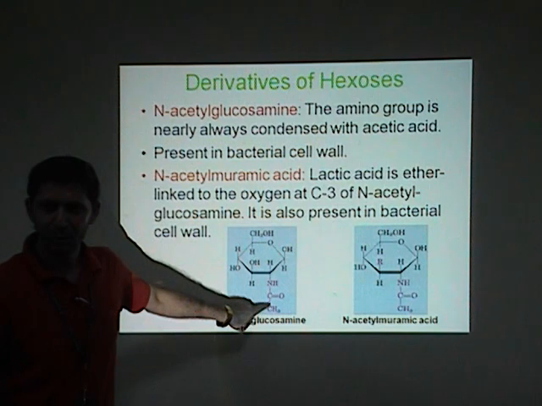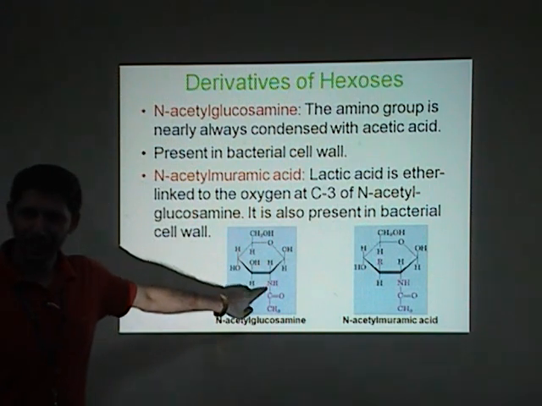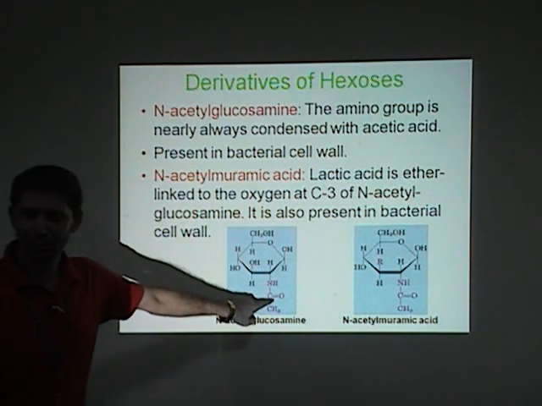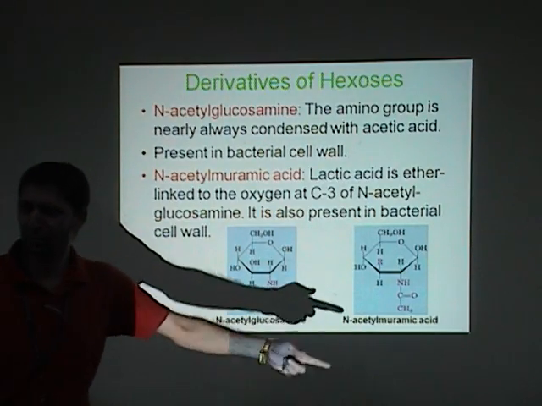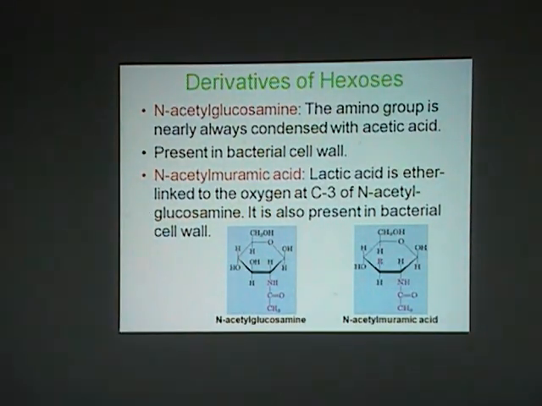The H of NH2 and the OH of the carboxylic group are removed, one molecule of water forms, and this molecule is N-acetyl glucosamine. Okay? Where is it present? It is present in your bacterial cell wall.